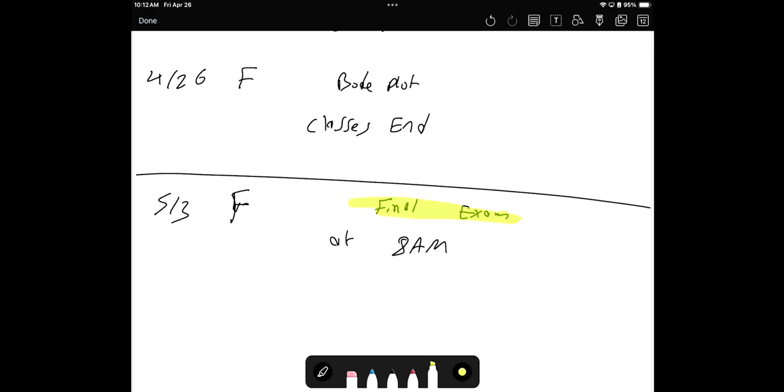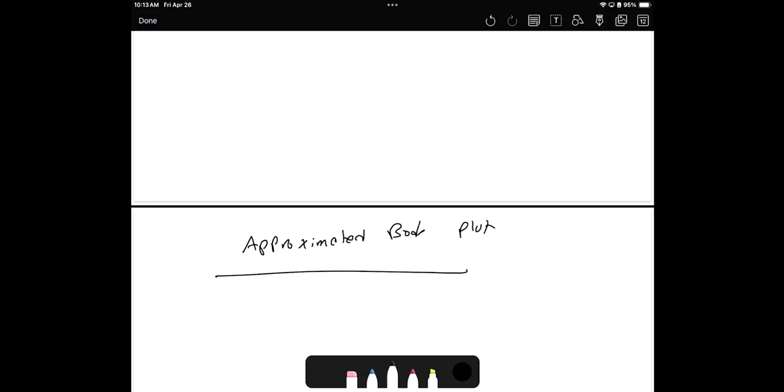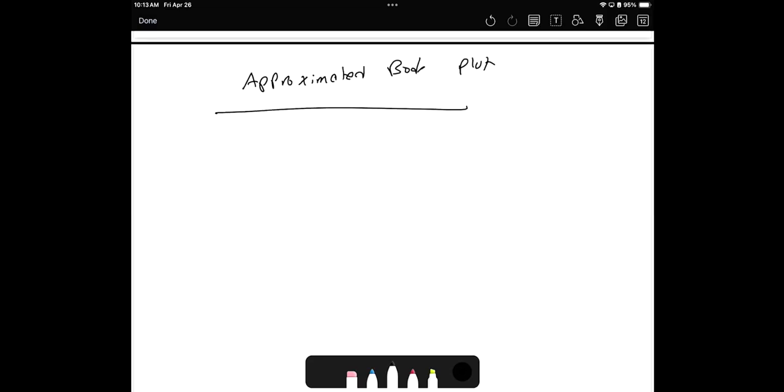Okay, let's finish the body plots. So basically with body plots, we will discuss more the approximated body plots. We didn't have enough time to cover the exact, but that's what we will discuss. We can summarize it by trying to convert the transfer function into one of the 4 following scenarios. The first scenario is to get a 0.